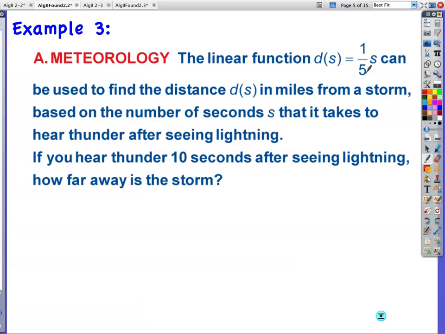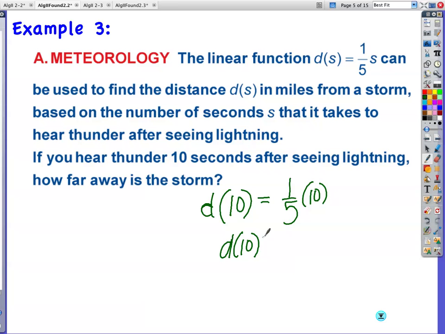So if you hear thunder 10 seconds after seeing the lightning, how far away is the storm? So d of s, we're going to put in 10, because we're saying 10 seconds, and instead of writing s, I write 10.